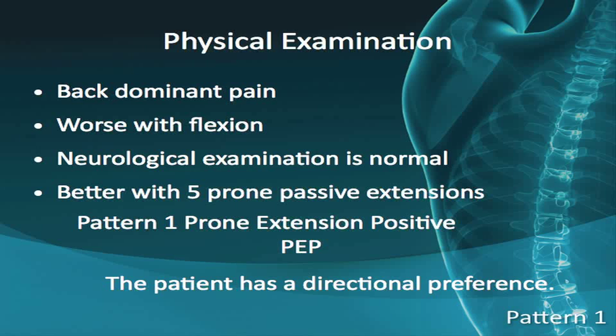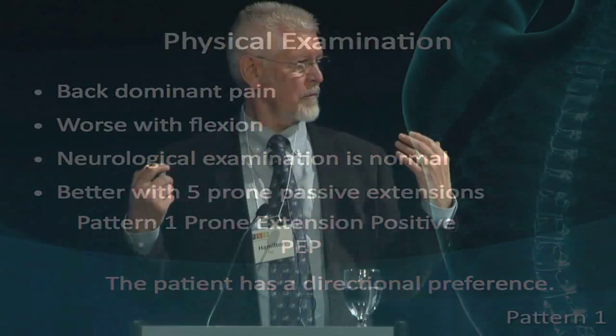These are patients that have what the McKenzie therapists refer to as a directional preference. In other words, their pain is worse in one direction and it is better in another. They are easy to treat. A pattern 1 PEP patient, a prone extension positive patient, should be someone that you manage in your practice very easily because they've told you that this makes me worse and this makes me better.